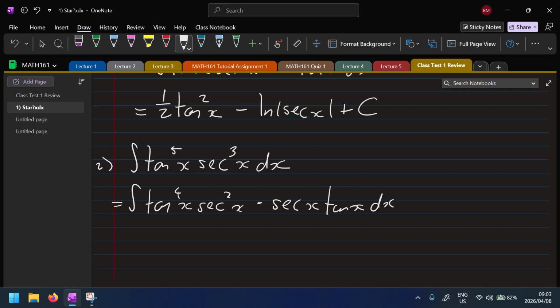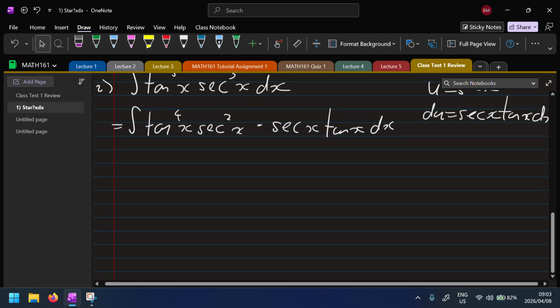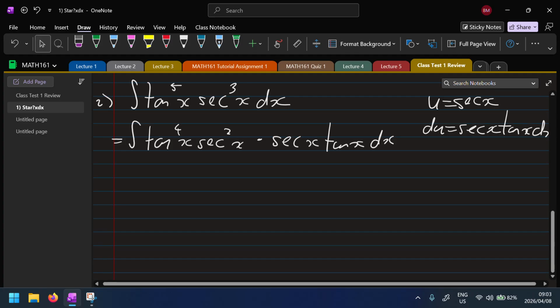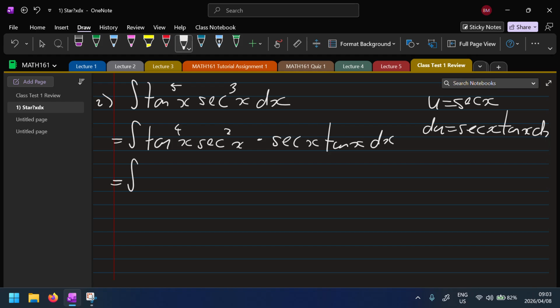So what does u have to be so that we get du as sec x tan x? The derivative of what is that? Sec, yep. Okay. And then we have to do the substitution. So here we've got tan to the 4.